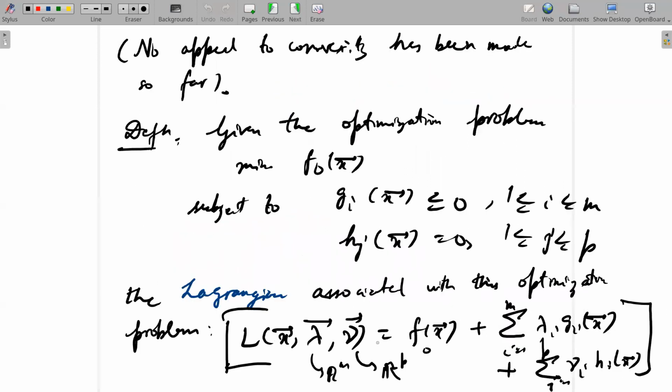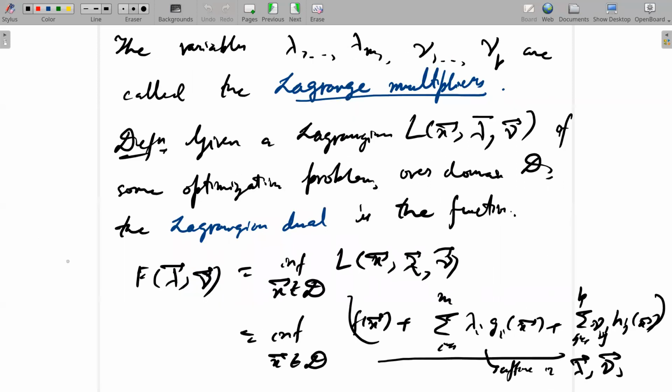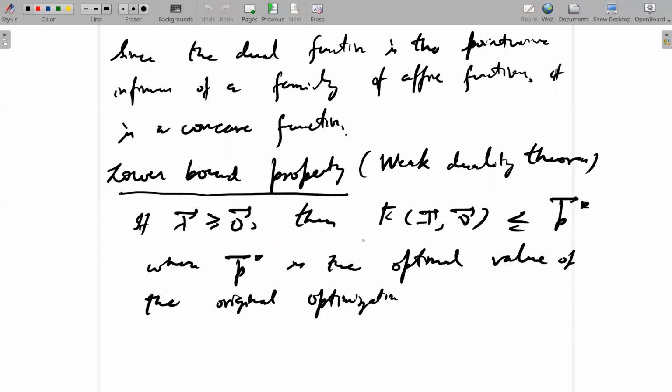Remember, f we have defined here. F is the Lagrangian dual of some optimization problem. So p star is the optimal value; did I write a vector? No, this is not a vector. P star is the optimal value of the original optimization problem.